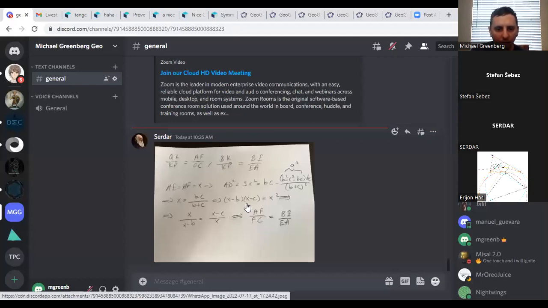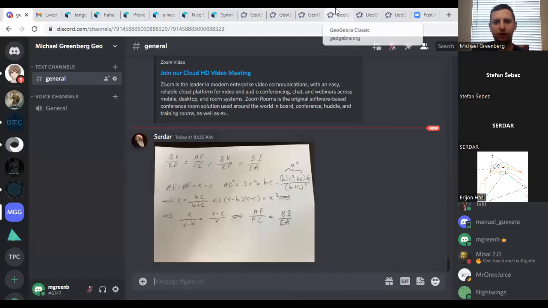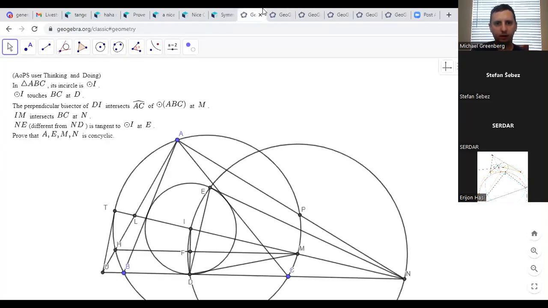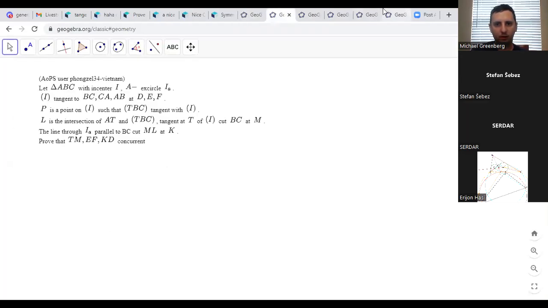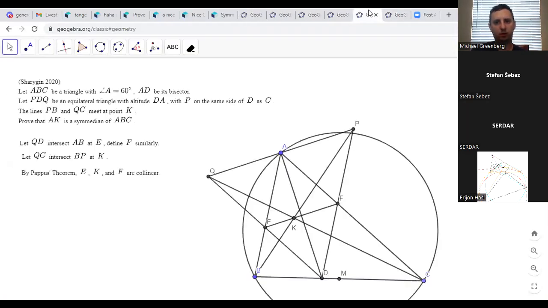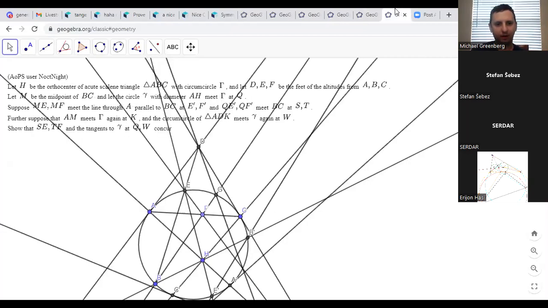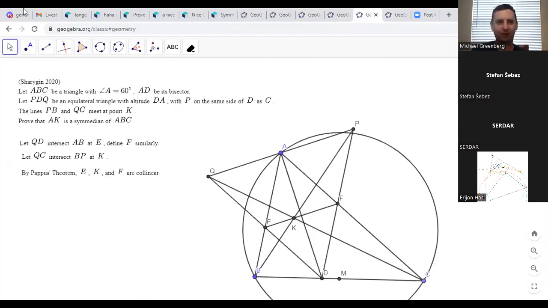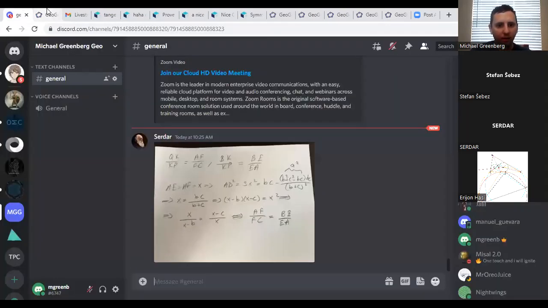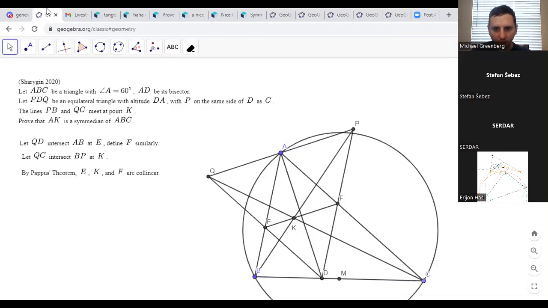Okay, so QK over KP. So we want to show AF over FC equals BE over EA. This is something I was doing before the session started with Stefan.